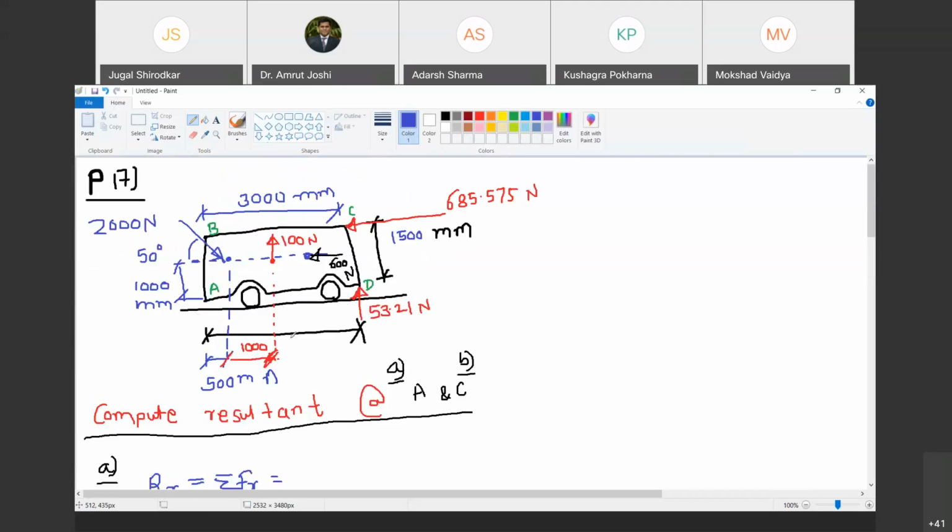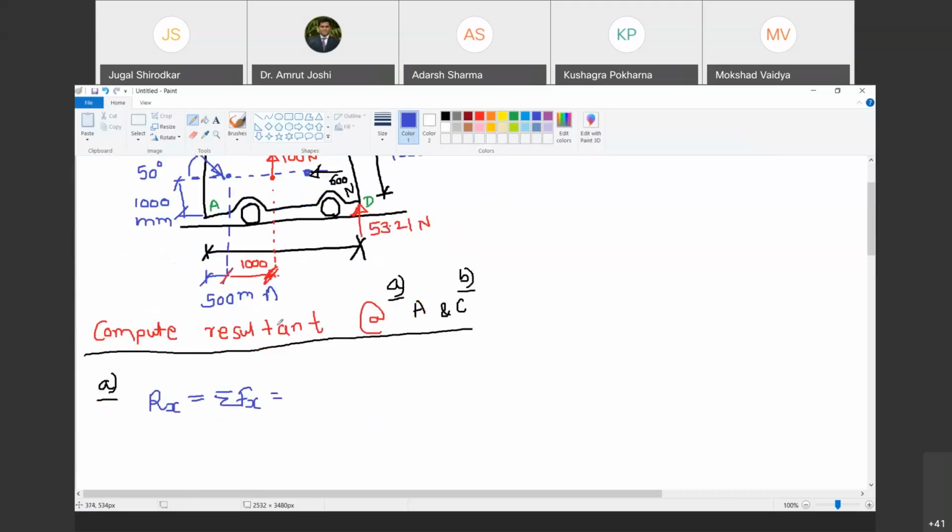Let us consider forces one by one. So this 2000 cos 50. And is it positive or negative? Sir, positive. Yes, 2000 cos 50.